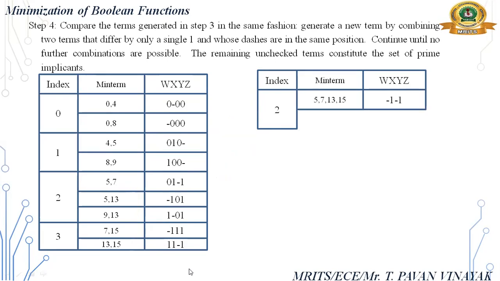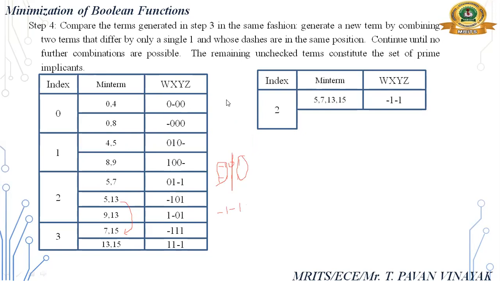Next, you have to compare 5, 13 with 7, 15. Okay. 5, 13 and 7, 15. Dash 101 and dash triple one. The differing position is only one, so dash 1 dash 1.